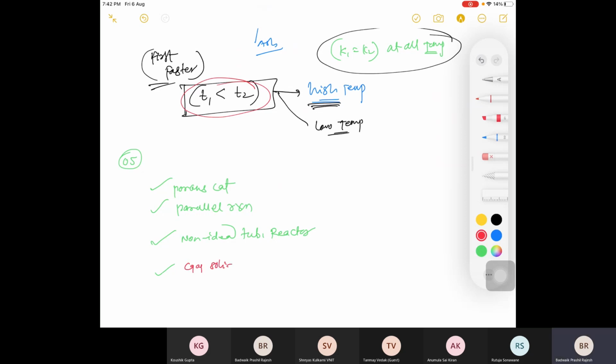Gas solid non-catalytic reaction. Got the question? Yes, sir. You just tell me which is the correct option and why.